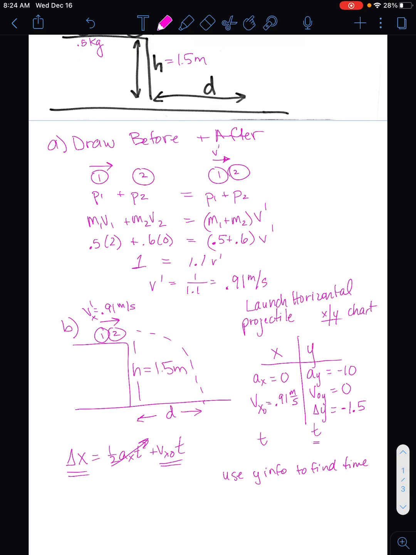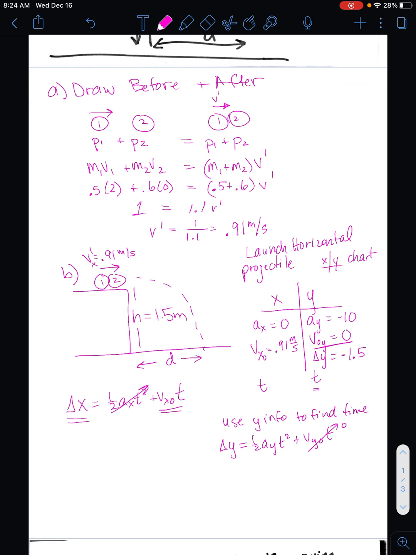And so to find time, I'm going to say that my y delta is going to be used. And my y starting velocity is 0 right here. And so what I'm really going to get here is negative 1.5 equals 1/2 of negative 10 t squared. So I'll divide both sides by negative 5.